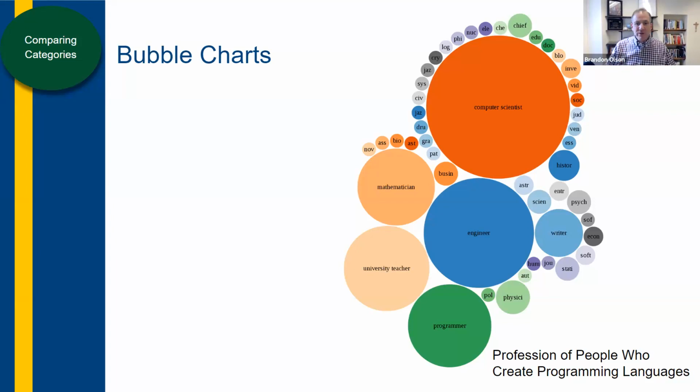One is larger, but it's really hard to determine which is largest. So there are some issues with bubble charts. It takes a little bit longer to interpret because we're not used to seeing bubble charts as much as bar charts. My preference is bar charts. They're quicker to interpret, and we can see minor differences a lot easier than we can with a bubble chart. So bubble charts are another option.